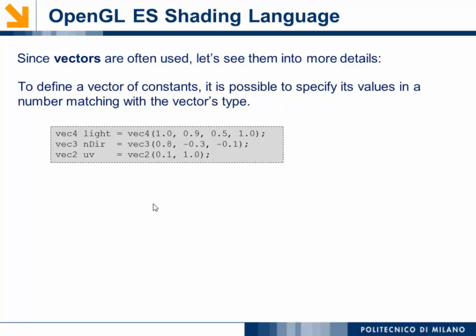This is the most straightforward. Directions are usually expressed by vec3 and UV by vec2. This is a sort of default. Of course, you can express a direction adding a fourth parameter, but that's a waste of memory.